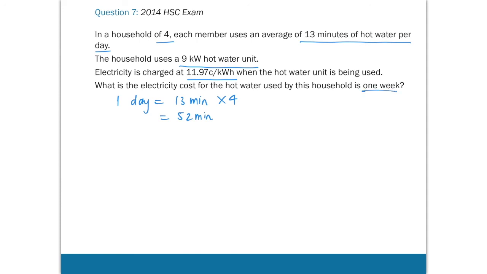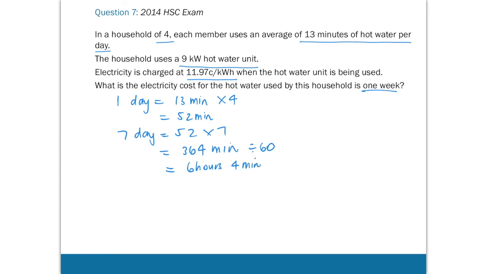There's 7 days in a week. So all we do now is to work out how many minutes the water is going for in a week, which is just 52 times 7, which is 364 minutes. And then to get that into hours, just divide it by 60. And we get 6 hours and 4 minutes.